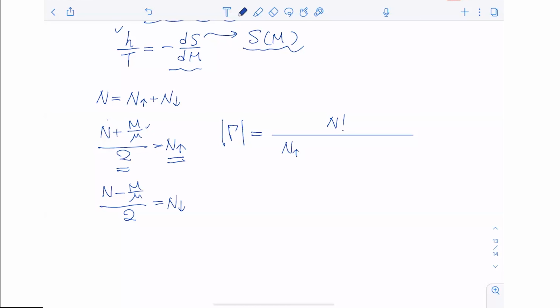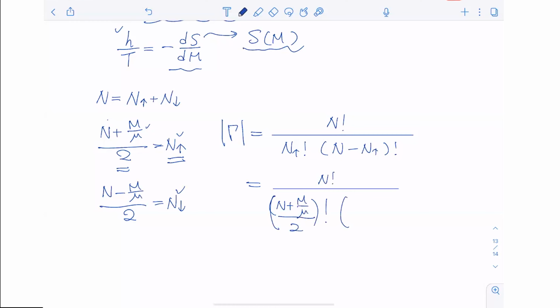I'll just write it down. It will just look like this. And if we insert this n up and n down relation into this expression, you'll see it looks like this. I should have a bigger parenthesis.